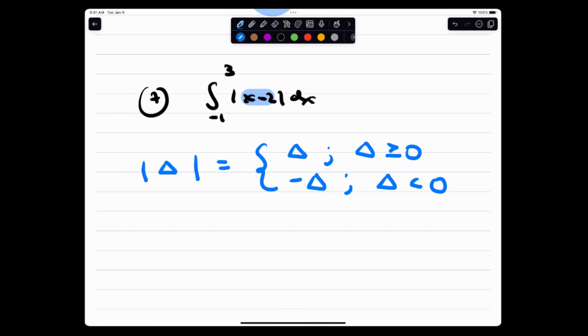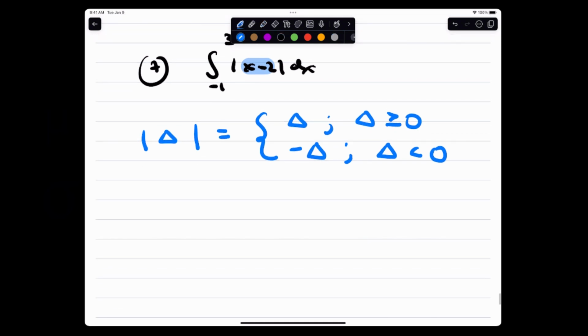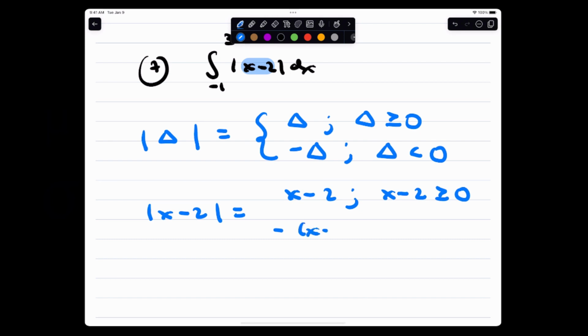So the definition of that function is x minus 2 when x minus 2 is greater than or equal to 0, or opposite x minus 2 when x minus 2 is negative. This is your definition of a piecewise function.